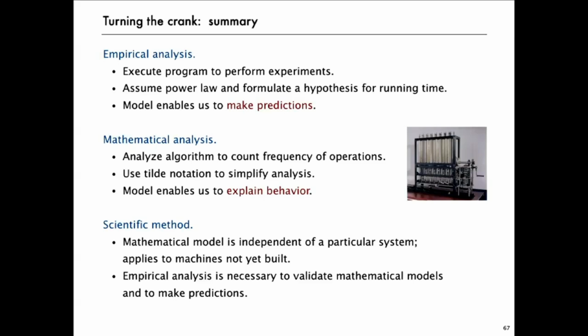And this is a fine example of the use of the scientific method to understand the artifacts that we're studying, the algorithms. Our mathematical models are usually independent of a particular computer system and even apply to machines that are not yet built. But we always validate our mathematical models by running experiments on real machines so that we can be confident when we're making predictions and analyzing algorithms.